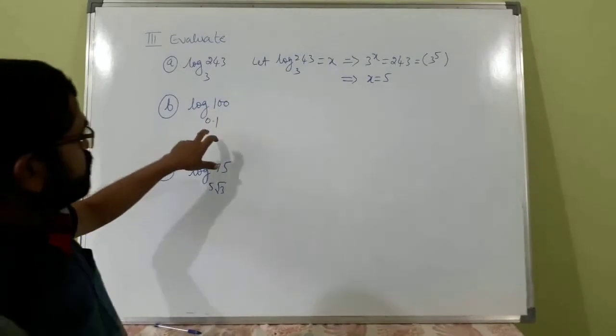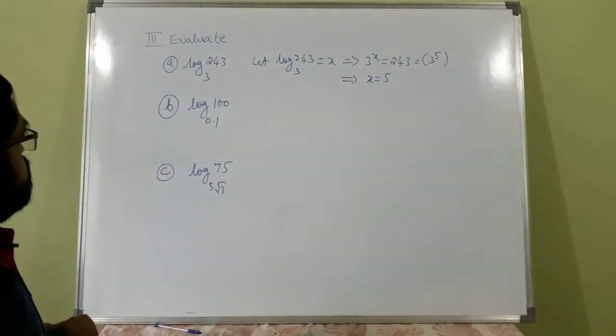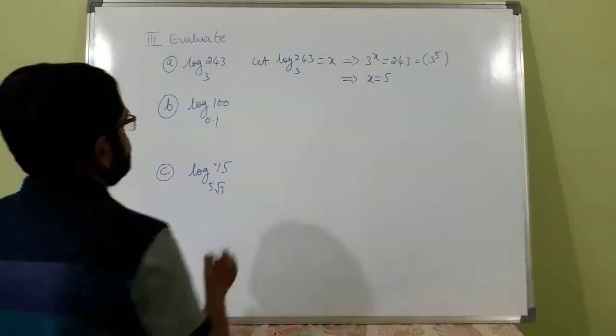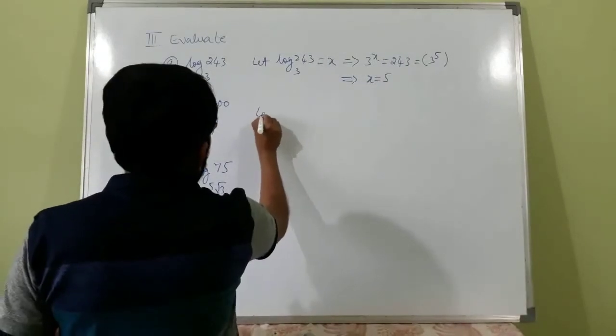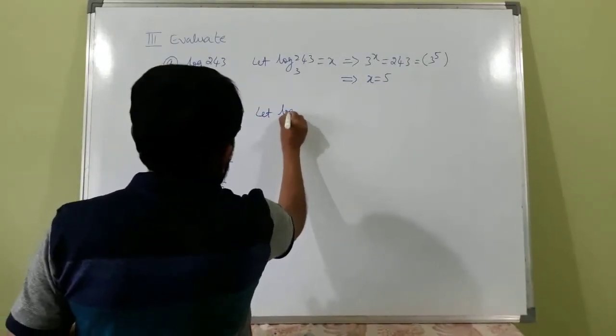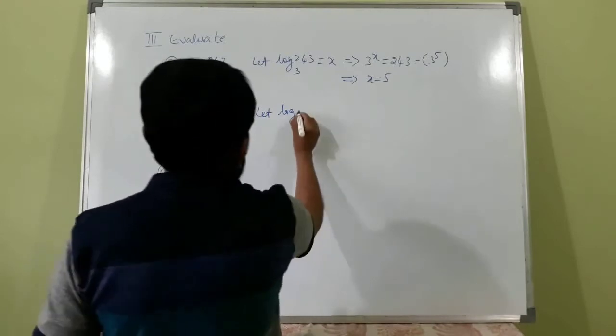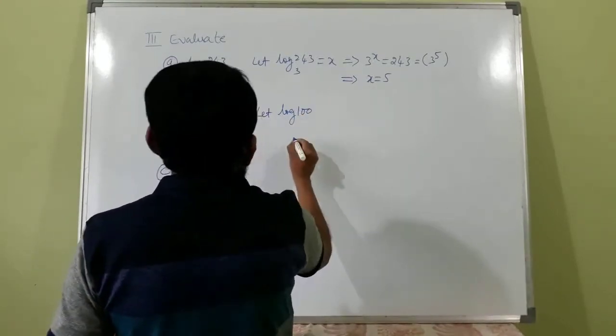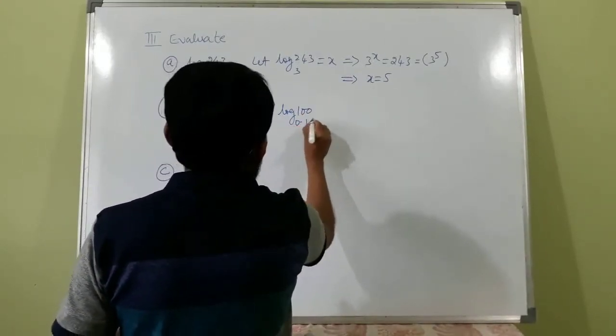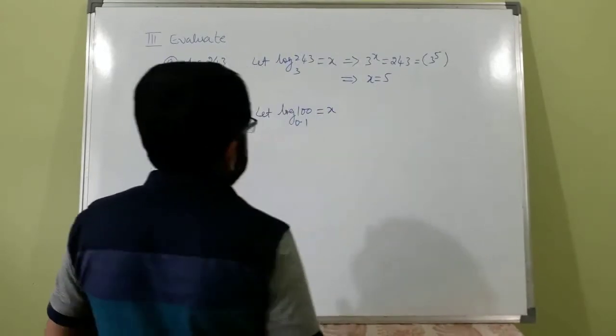Log 100 to the base 0.1. Here also let log of 100 to the base 0.1 is equal to x.